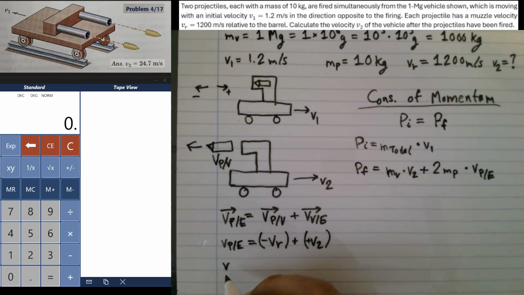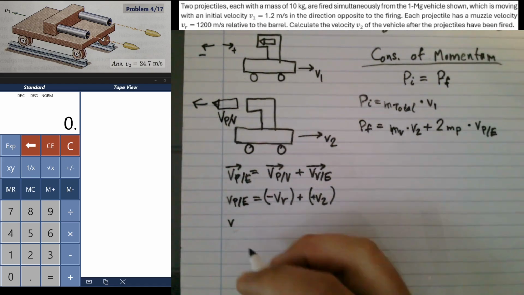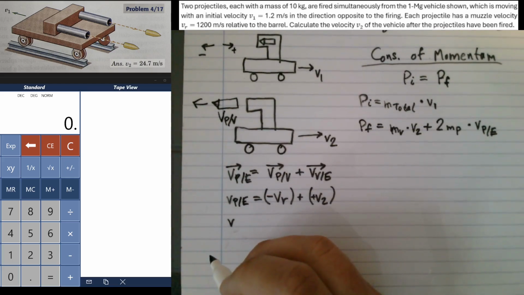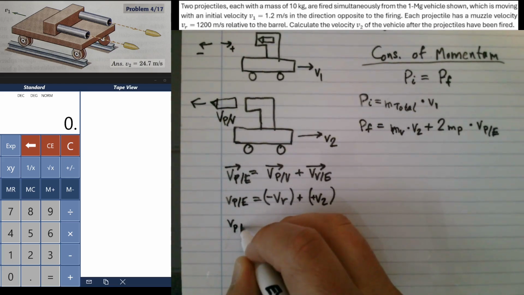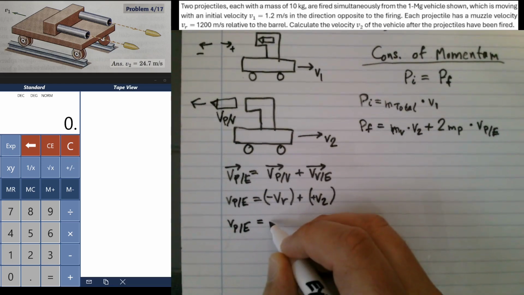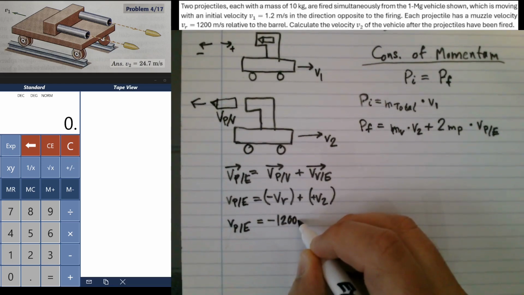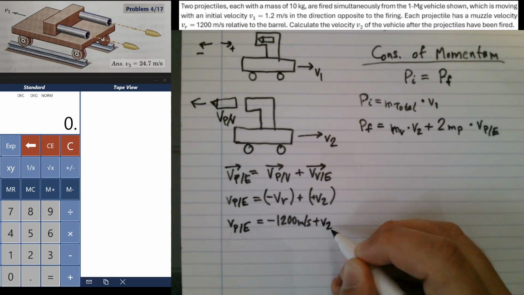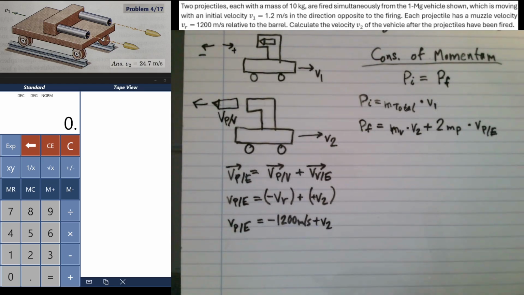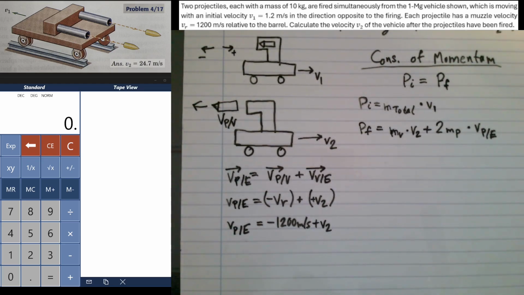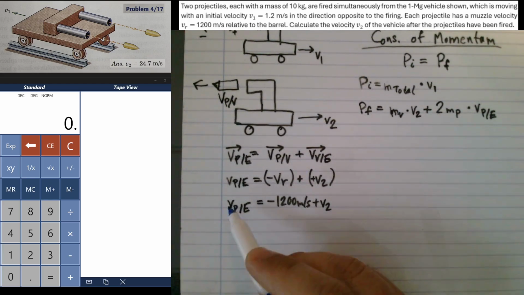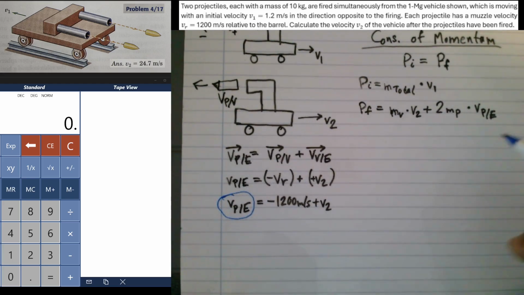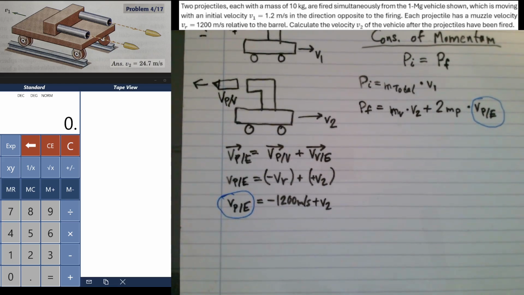Therefore, substituting these numbers in, our velocity of the projectile relative to the Earth is simply negative 1,200 meters per second plus V2. We can now substitute this absolute velocity into our equation for conservation of momentum, and then solve from there.